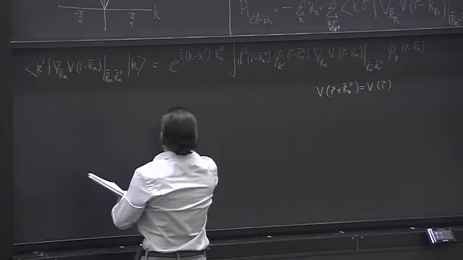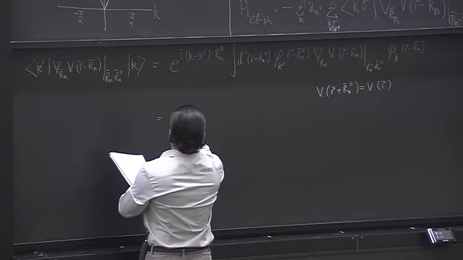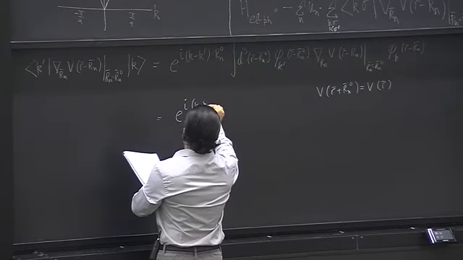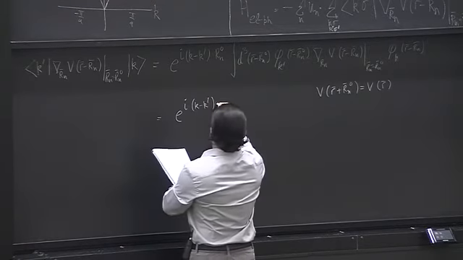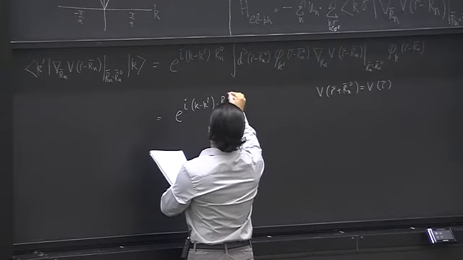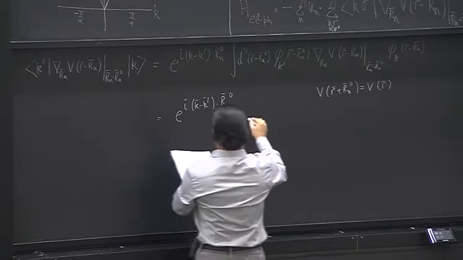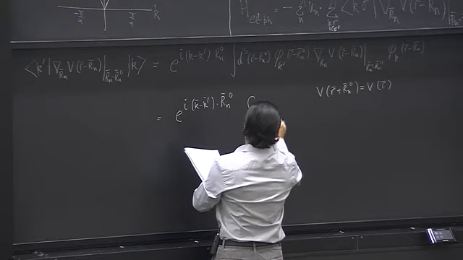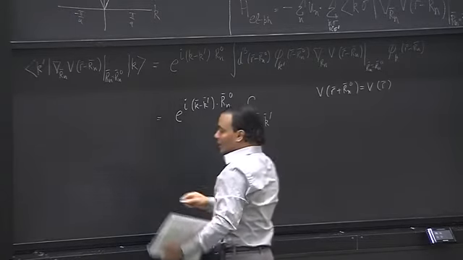This can be written as e to the power i k minus k prime dot R n naught times some quantity that we are calling S k k prime.